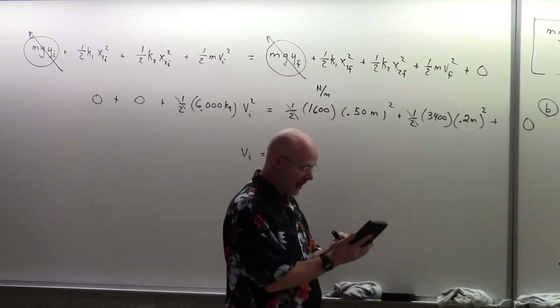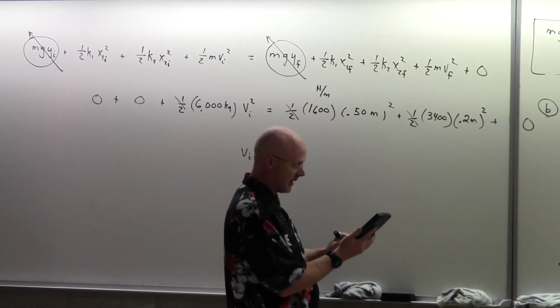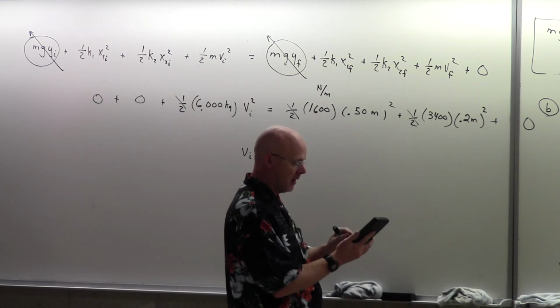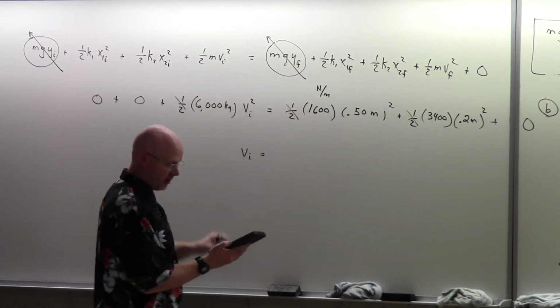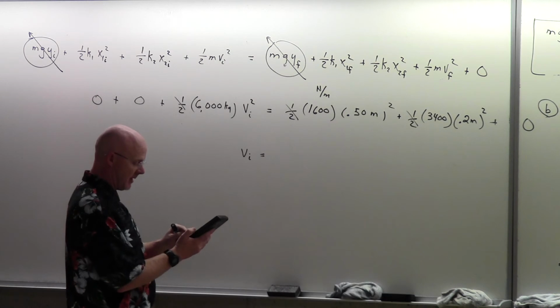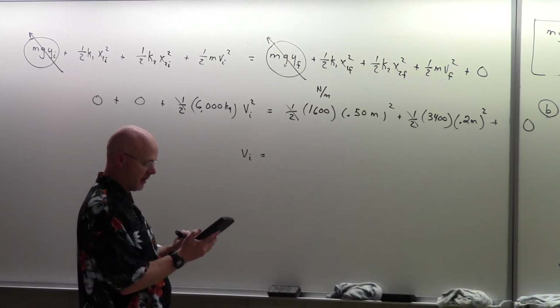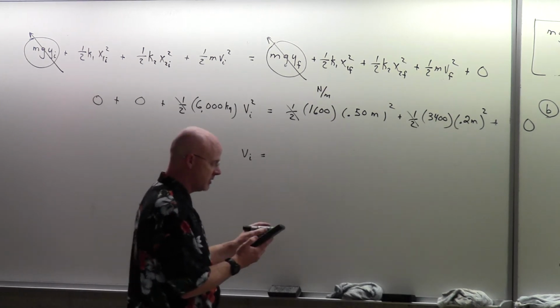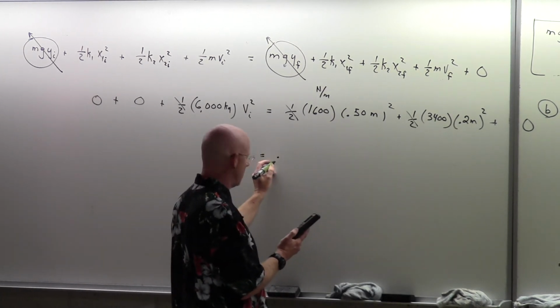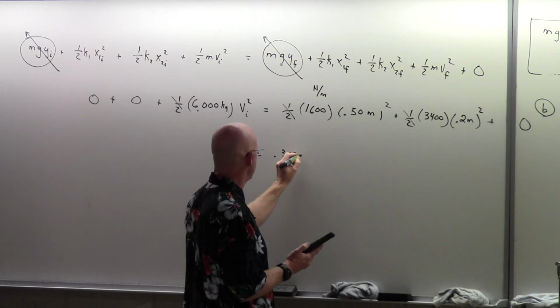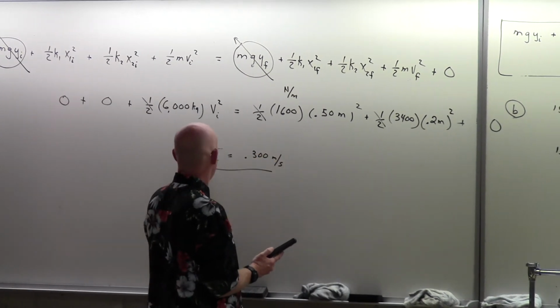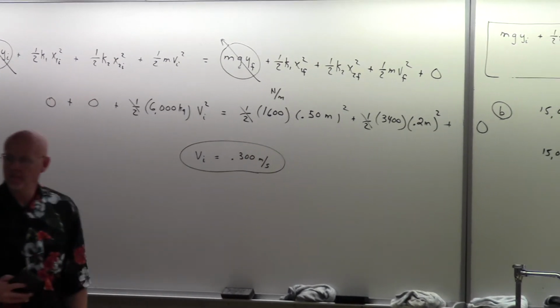I'll add to that 3400 times 0.2 squared. Once I get that number, I will then divide it by 6,000. And once I get that number, I will then take its square root. And so 0.3 is the speed.